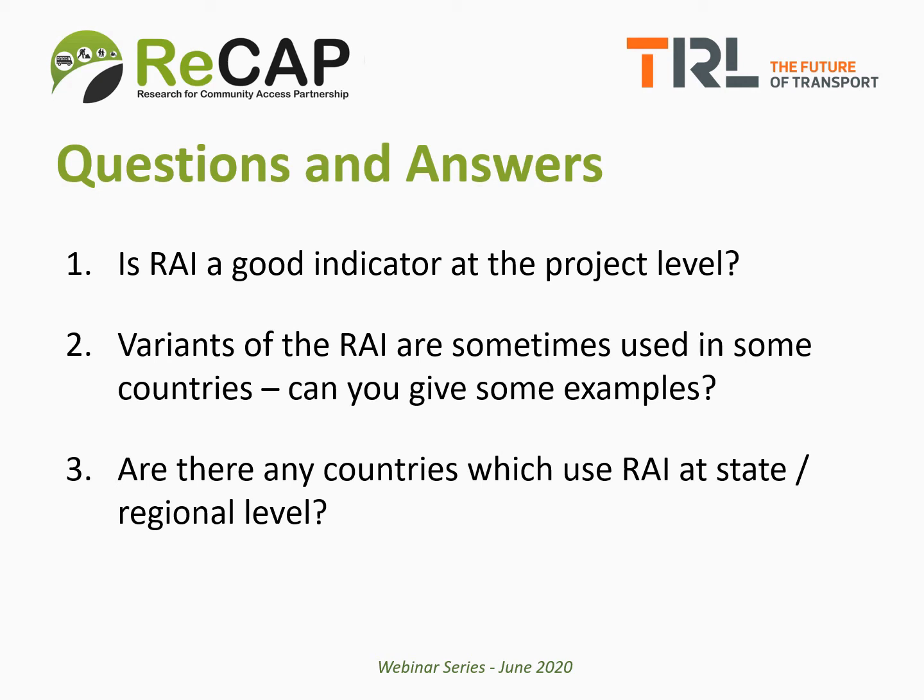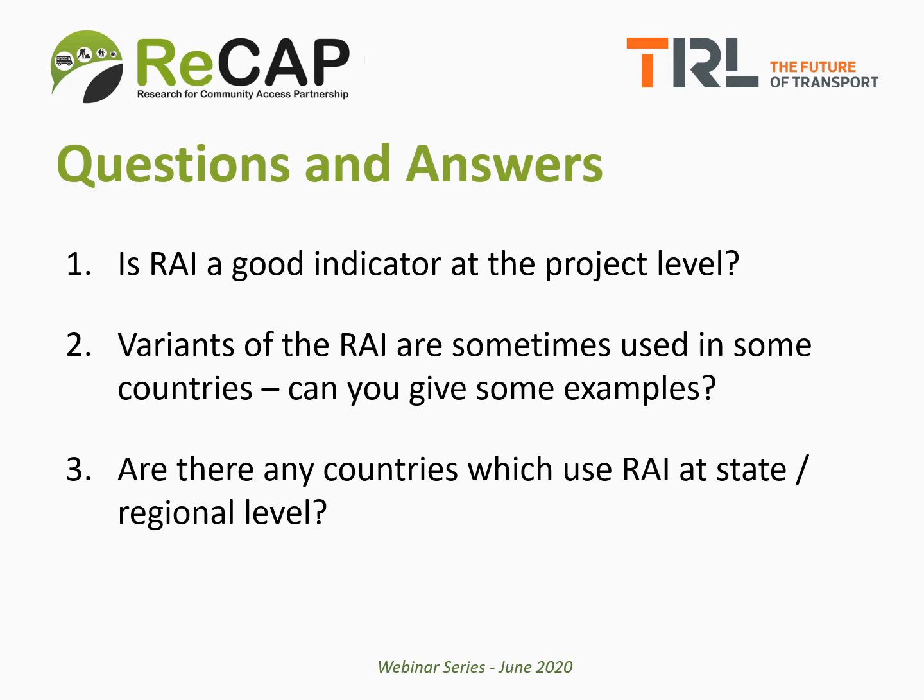The second question, variants of the RAI are sometimes used in some countries, can you give some examples? So a good example is Nepal, where a variant to the RAI is used to really account for the specific challenges of the geography and the terrain of that country.